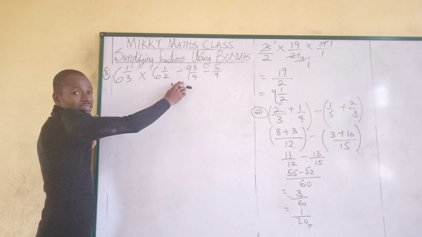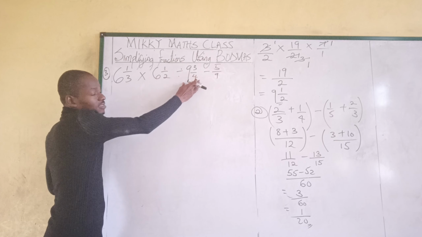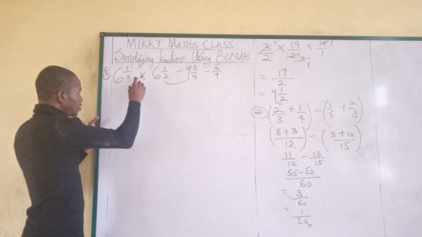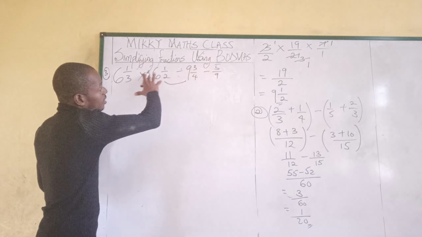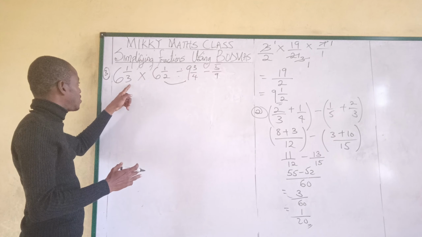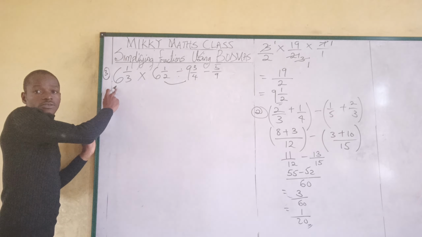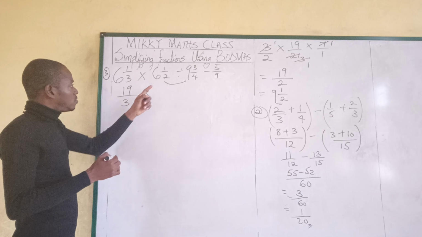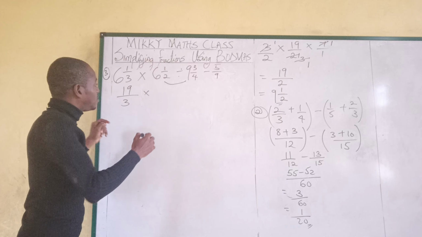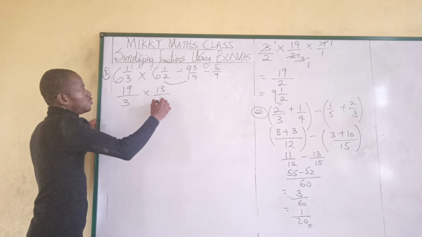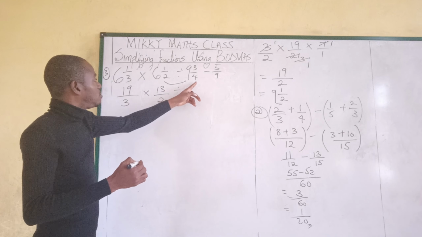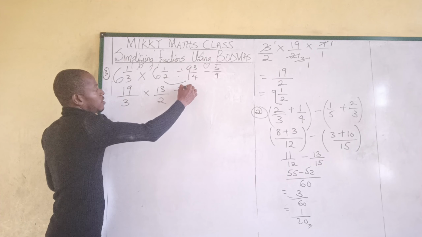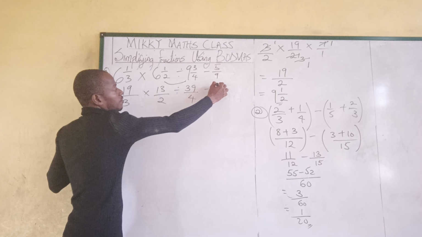So I must divide this by this. This is the first thing I have to attend to. First of all, convert all the mixed numbers to improper fractions. 6 and 1 over 3: 3 times 6, 18, plus 1, 19 over 3, times 2 times 6, 12, plus 1, 13 over 2, divided by 9 times 4 is 36, plus 3, that's 39 over 4, minus 5 over 9.